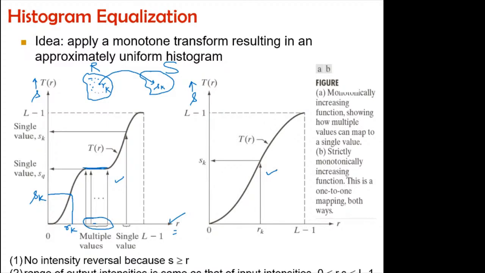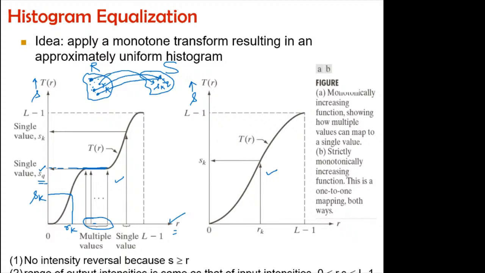You can see this is horizontal, and corresponding to this horizontal there is a value SQ. So this pixel is being mapped to SQ. This particular pixel is also being mapped to SQ, same place.